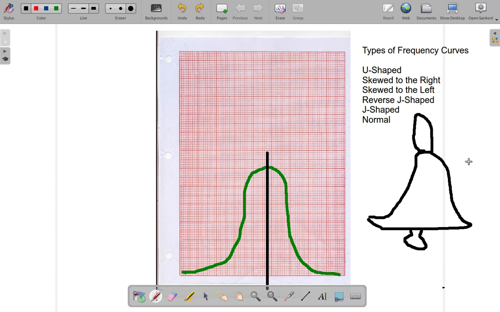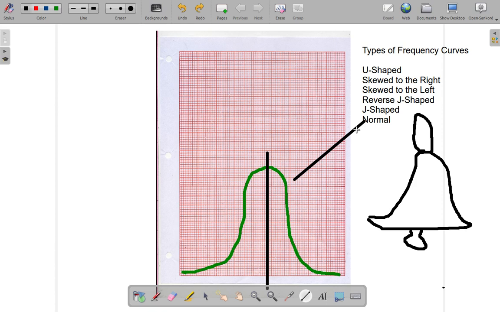Now, that's the bell-shaped curve, and it's a normal curve. You get that curve generally when you study a large number of items, large number of people, whatever the case may be. So this is called the normal curve, or the bell curve.